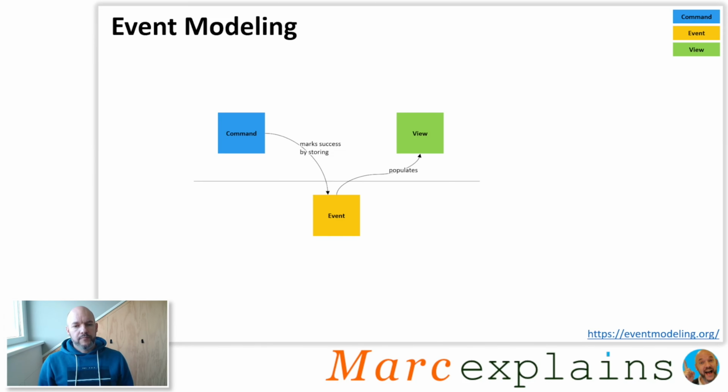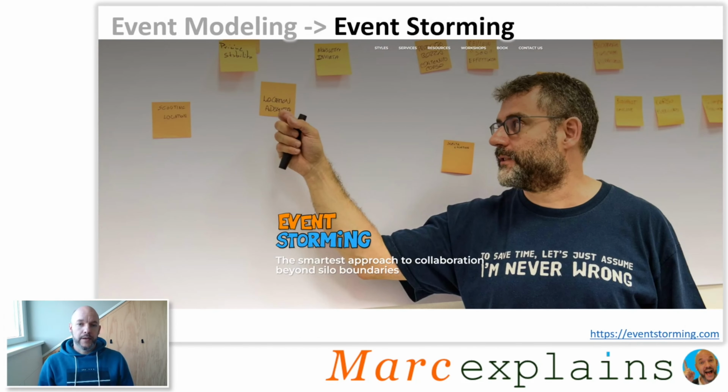And now we are on a quest to find out about our events. How do we find our events? Well, there's a very nice process for that, because we want to have a brainstorm on events, and that's exactly what event storming is.